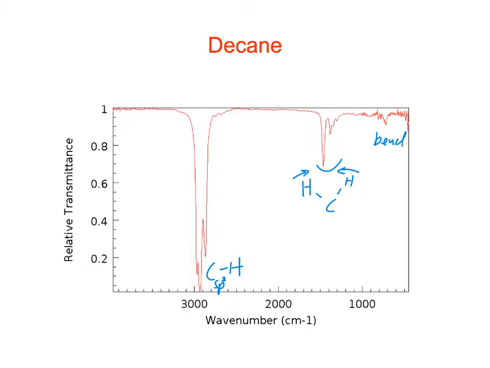So we have these more complex motions down in the fingerprint region. For alkanes, sometimes if you have an isopropyl group or some special branching, the book says there are peaks you can identify, but I'm not going to go over that much detail.